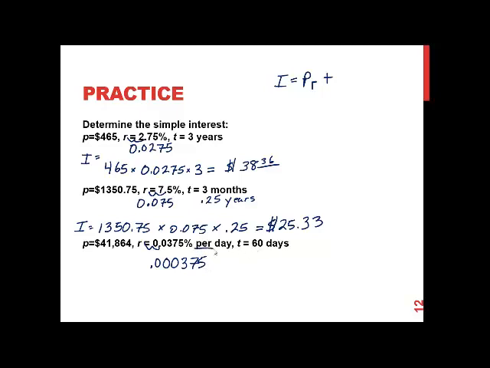Now, since this rate is in days, it's okay that our time is in days. So we'll multiply that by 60 and multiply it by the 41,000. And when we multiply all of these numbers together, we get $941.94.